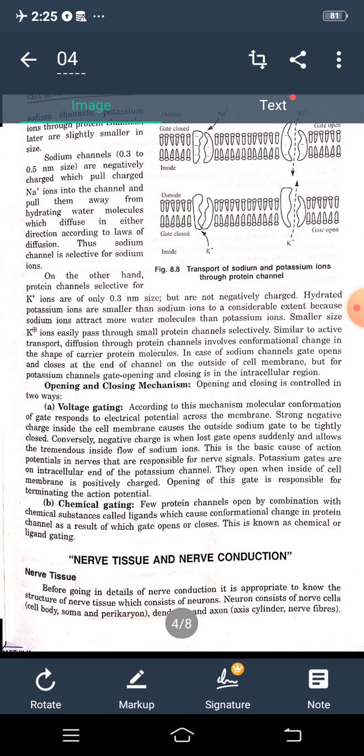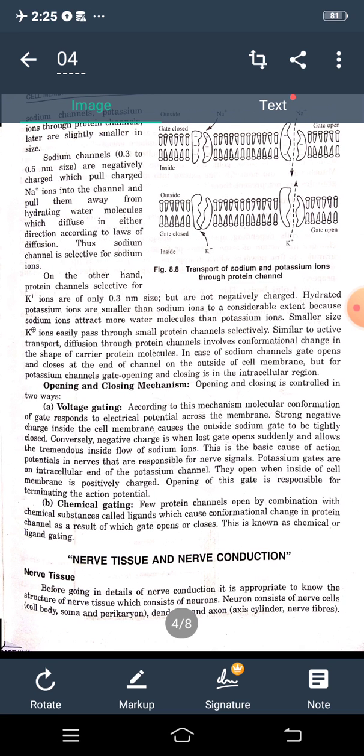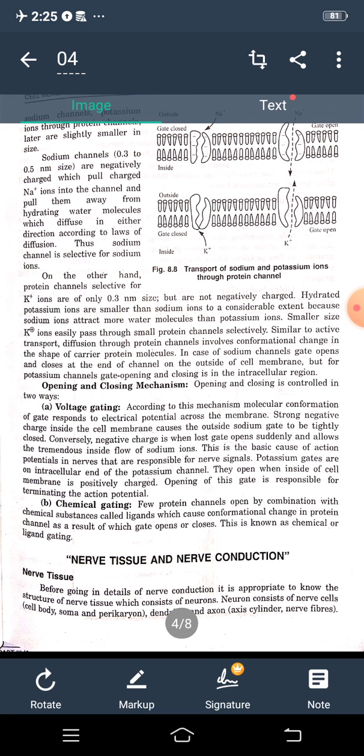On the other hand, protein channels selective for K plus ions are of only 0.3 nanometer size but are not negatively charged. Hydrated potassium ions are smaller than hydrated sodium ions to a considerable extent because sodium ions attract more water molecules than potassium ions. The smaller size of K plus ions lets them pass easily through small protein channels selectively.